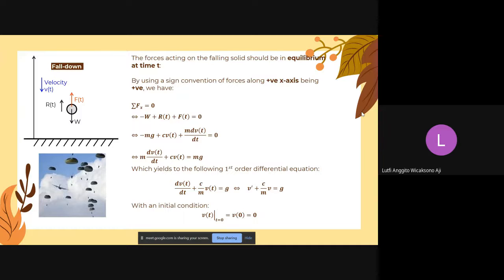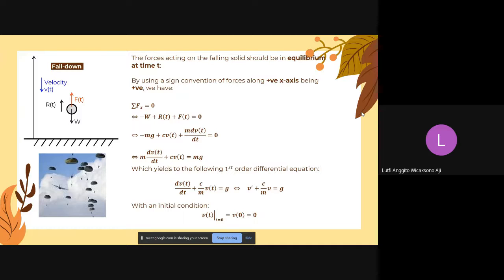We know from the formulas before that W equals mg, RT equals C Vt, and Ft equals m dvt over dt. Substituting into the equation, we get negative mg plus C Vt plus m dvt over dt equals 0. So we get m dvt over dt plus C Vt equals mg.